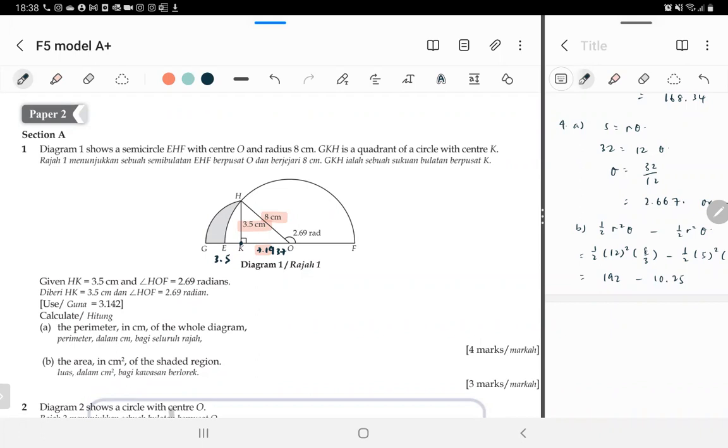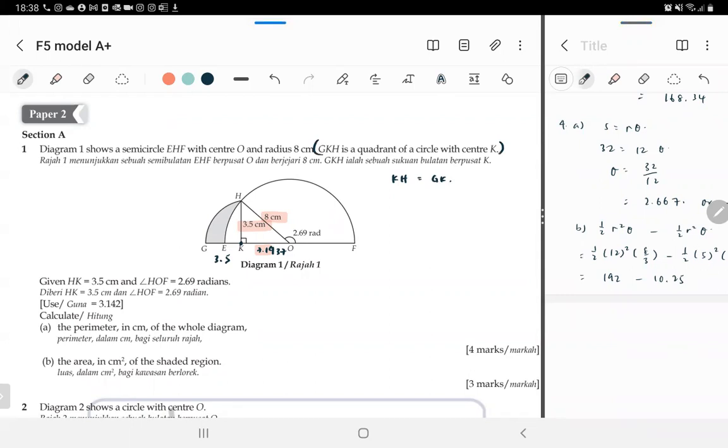How do we get GEK? GEK is a radius. KH and KG are the same, right? It looks like from the side of my laptop that KH is longer. We don't judge from the drawing; we look at the information given.